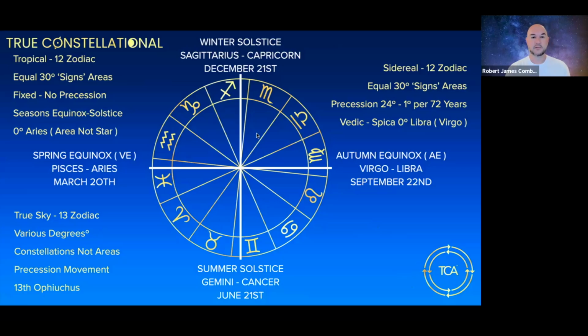And you can see that even though this wheel has turned, in tropical, this section is still Aries. But yet we can see from sidereal that this area in the constellations is not Aries, but it is Pisces. And so this is the discrepancy between the systems. And I really wanted to show you this firsthand so that you can see for yourself why I was confused and wondering, well, what is actually happening and what's true?